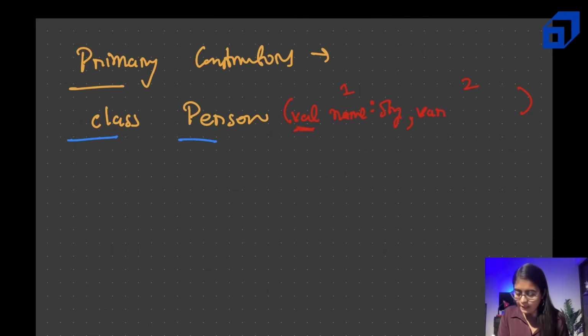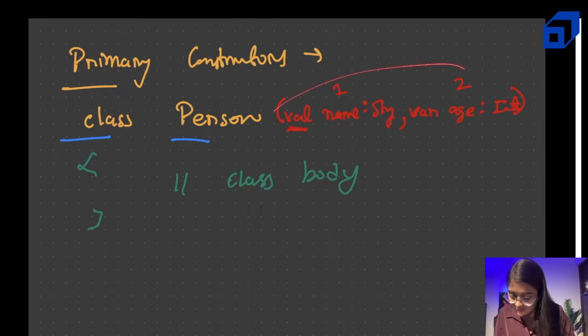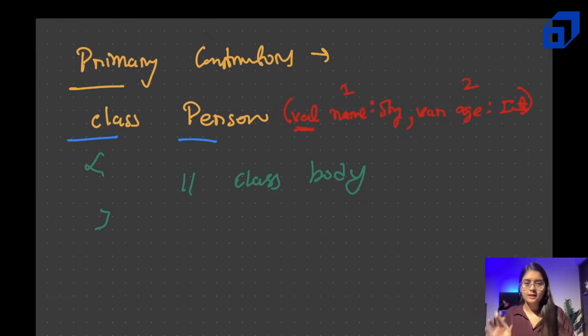So I used val for name and var for age, which is usually of type Int, right? After this you will have your class body. The block that you see here, surrounded by parentheses, is your primary constructor. This entire block is your primary constructor.